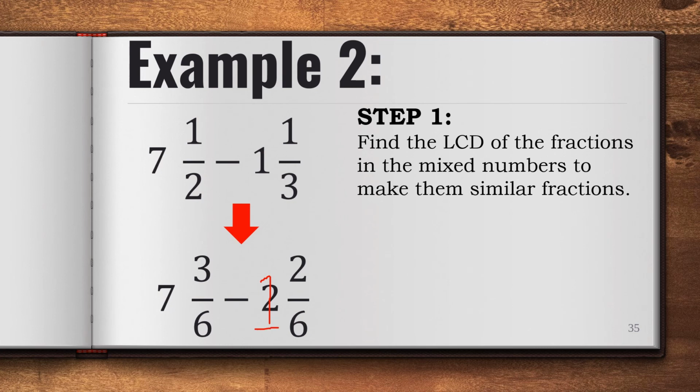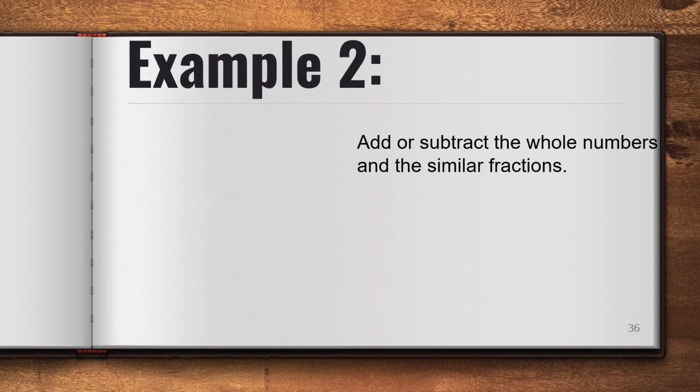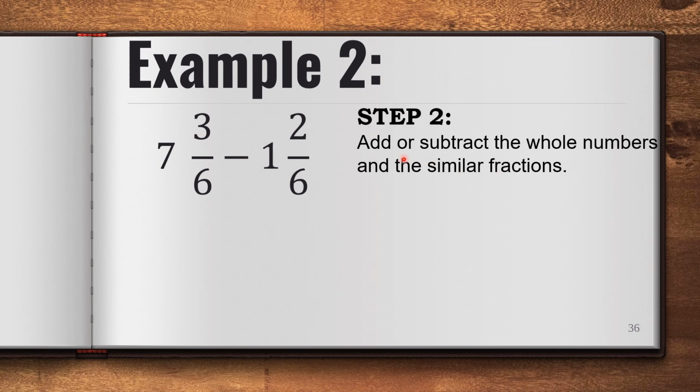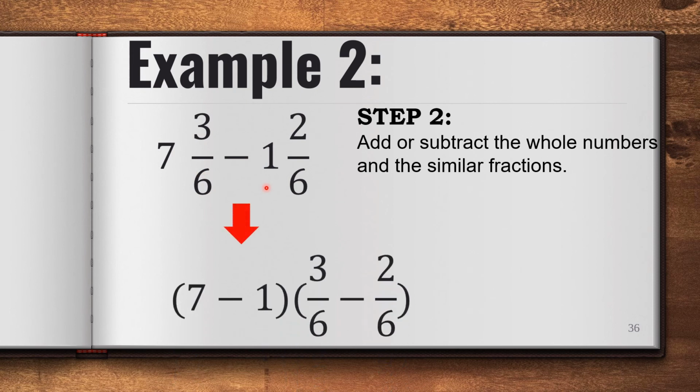Okay, so let us have the second step. For step 2, we are going to add or subtract the whole numbers and the similar fractions. So since we have now 7 and 3 over 6 minus 1 and 2 over 6, we will subtract the whole number part, 7 minus 1, and then 3 over 6 minus 2 over 6. If we are going to simplify that, we will be having 6 and 1/6.